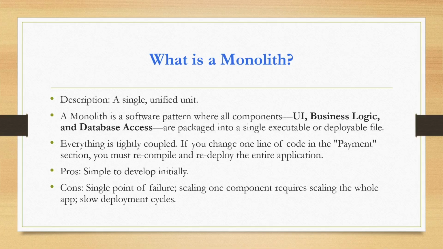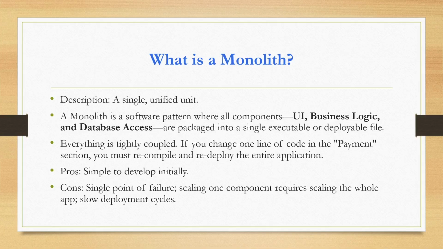Its only pro was that it was simple to develop initially, but later it became too complex. The cons are a single point of failure and scaling. If you want to change one component, you have to completely redeploy the application. Scaling it was also very costly.